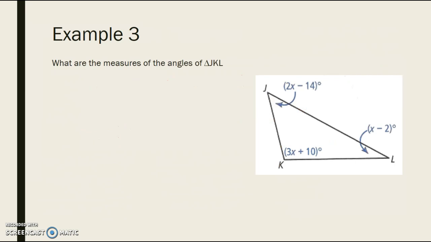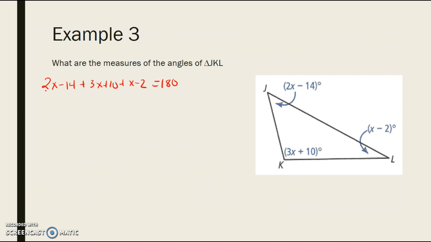All right, so here's our last one, example 3. What are the measures of the angles of triangle J, K, and L? In order to find the measures of each of these angles, we have to find what x equals. And so that's just going to become a longer equation. We're going to take 2x minus 14 plus 3x plus 10 plus x minus 2, and that will all equal 180 degrees.